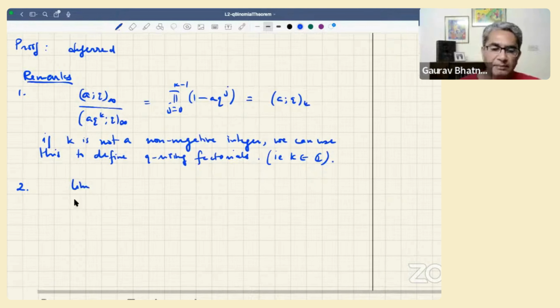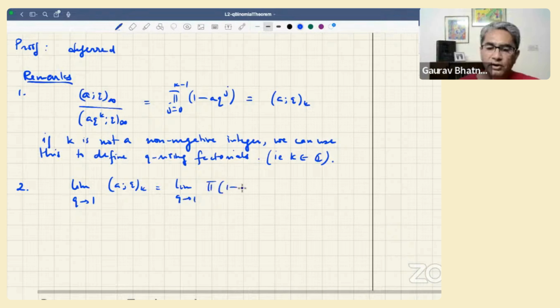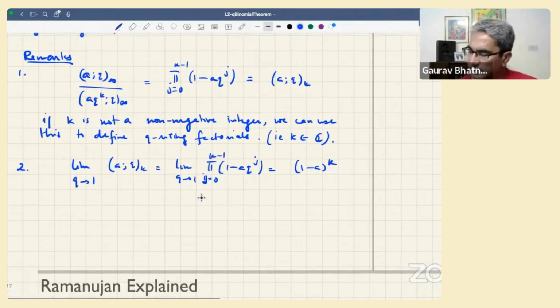If we take the limit as q goes to 1 of (a;q)_k, then this is the limit as q goes to 1 of the product of (1-aq^j), where j is going between 0 and k-1. So this is just (1-a) raised to the power k.